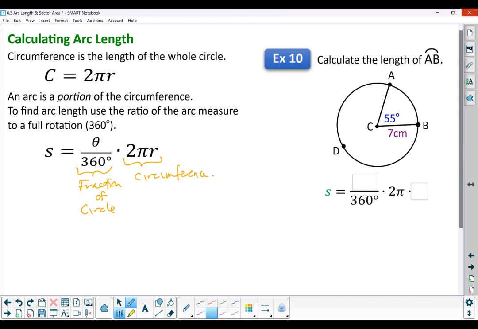For my diagram right here, we're trying to calculate the length of the arc from A to B. We want to know how long this is. We have a circle with a radius of 7, so we're going to put the 7 here in the formula. And we have a central angle of 55 degrees. So the arc length is 55 divided by 360 multiplied by 2 pi times 7.